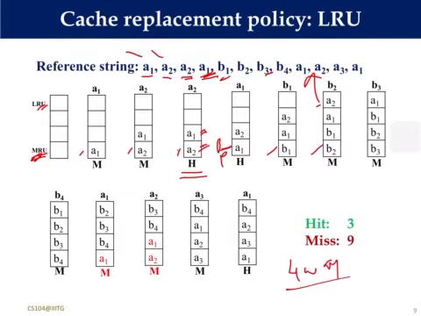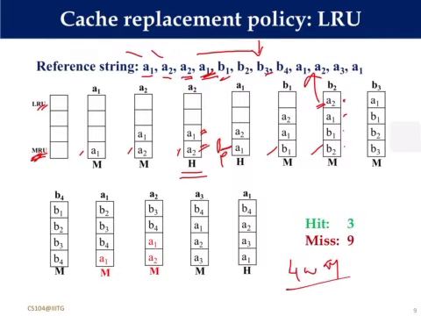That is, out of all these blocks, A1, A2, B1, B2, A2 is not used for the longest amount of time, right? That's what it says. When you are standing here, you can see these 4 will be there.